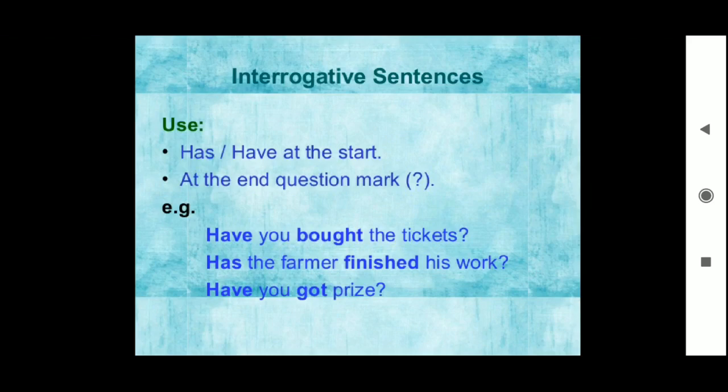Here you can see, my dear students, in interrogative sentences, has or have is used at the start, in the beginning of the sentence, then subject, then third form of the verb, and then object.